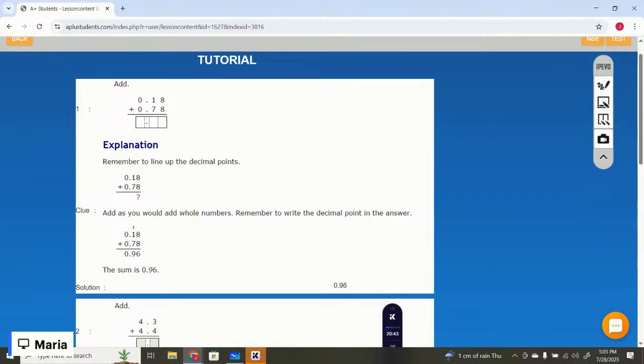So 8 plus 8 is 16, right? 6 and carry 1. 7, 8, 9, that is 0.96.